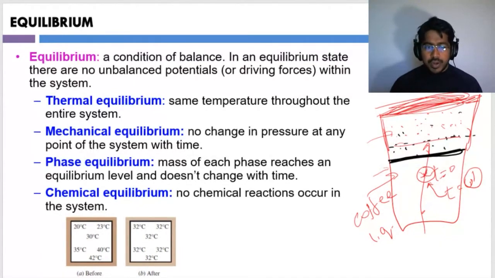So at that point we say that the system is in chemical equilibrium, and obviously there are certain things already in chemical equilibrium because they do not react with each other, like sand and sugar. Mix that and you wouldn't see much of a reaction there, right? So compared to chemical equilibrium, the other three equilibriums will be frequently used in our course. So chemical equilibrium is important, but not for the calculations in this course, right?